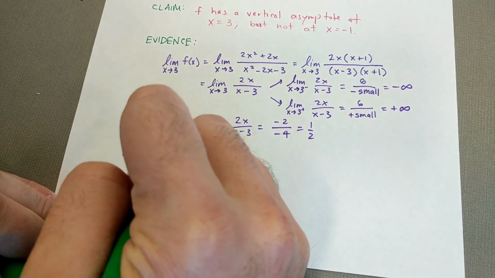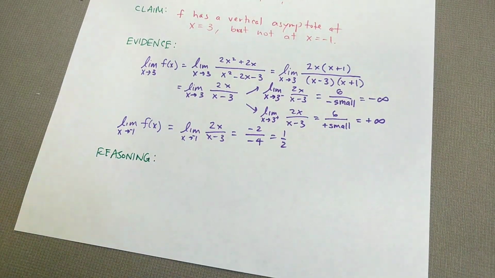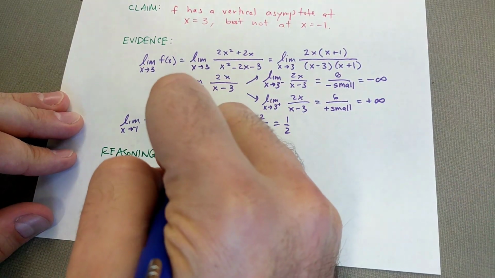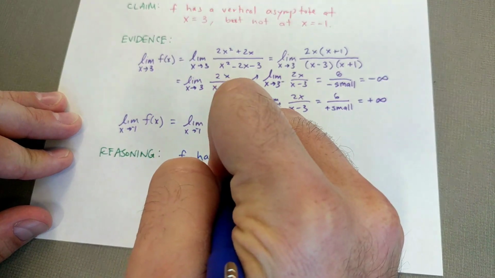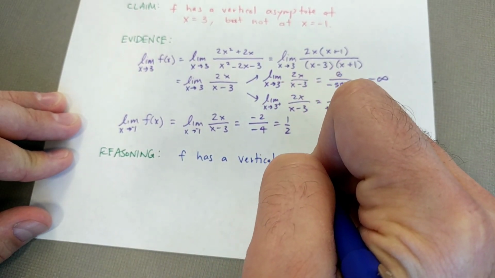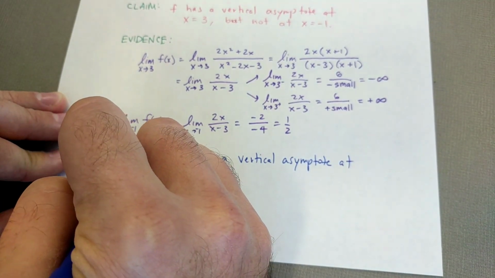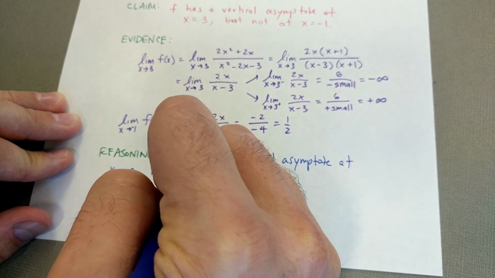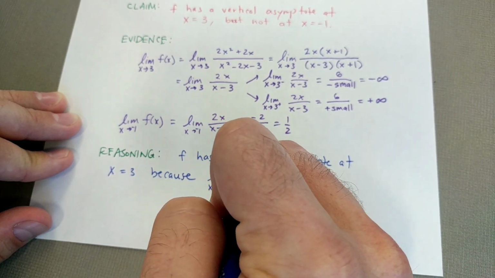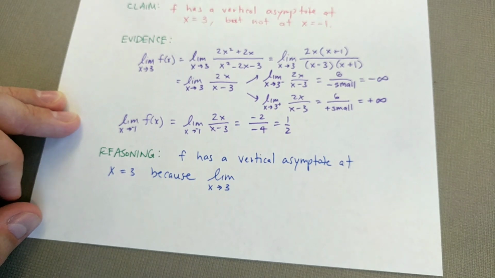So for my reasoning, I'm going to restate parts of my claim here and then connect it to the evidence. So f has a vertical asymptote at x equals 3 because the limit as x approaches 3, and here I can choose either to talk about the left side or the right side because both of them head to one of the infinities.